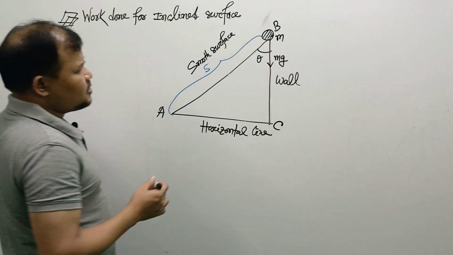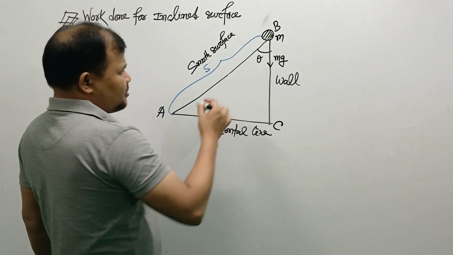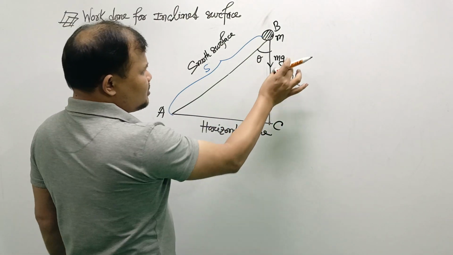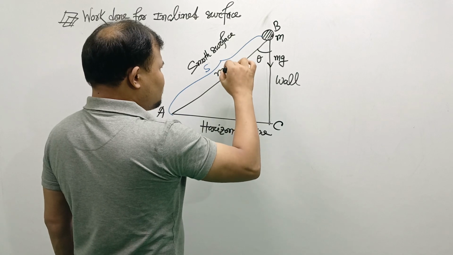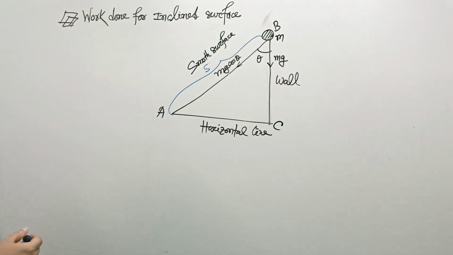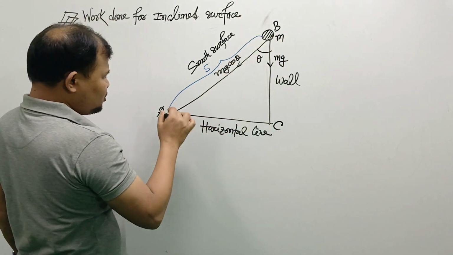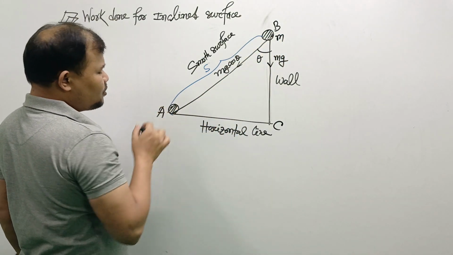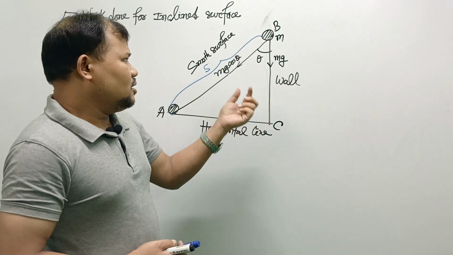Now our duty is to divide the mg force into two perpendicular components. We know if this is the mg force, here is a component, the name of this component is mg cos theta. This is the component, and if the body comes from point B to A, then which force is responsible, mg or mg cos theta?